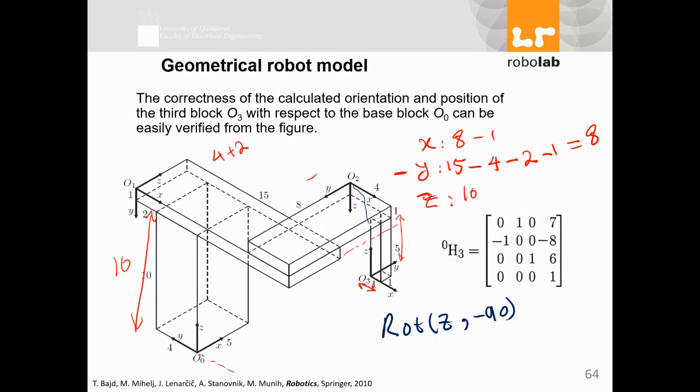So it will be 10 minus 5 minus 1. Why? Because this is originally 5, but you have 1 here, which leaves 4 here. 10 minus 4 will be 6. So 7, 8, 6. Negative, sorry, negative.